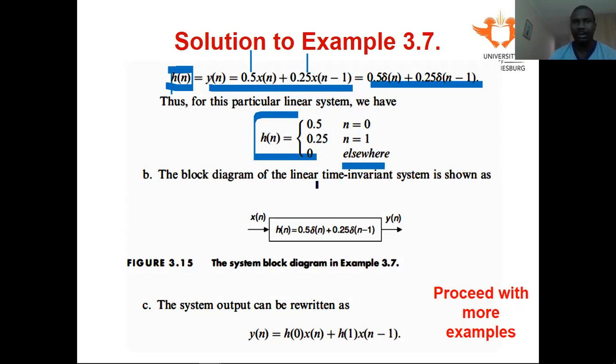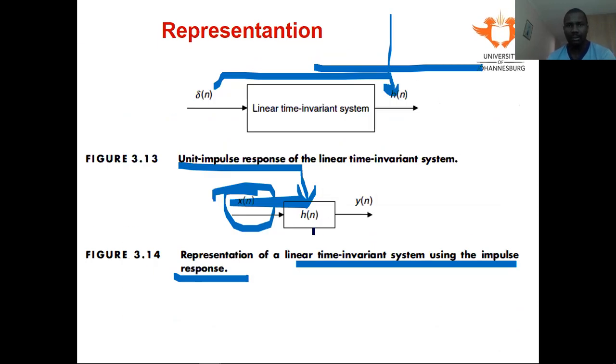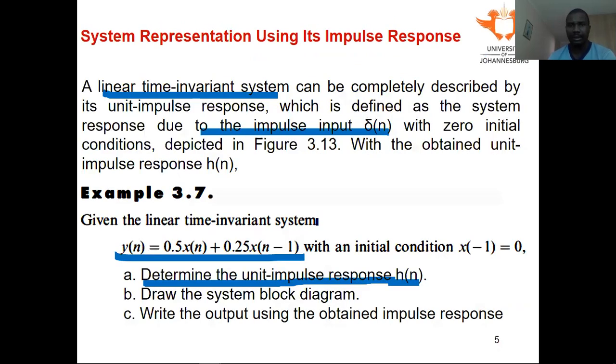Okay, so now if we use the H notation, or how this x of n has been transformed to y of n, we say this. So we apply that general equation, which we looked at there, to real terms.